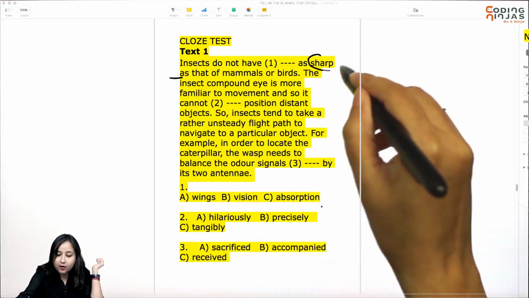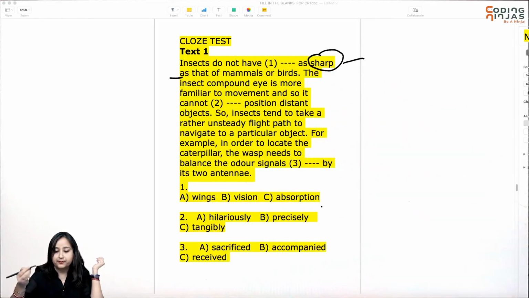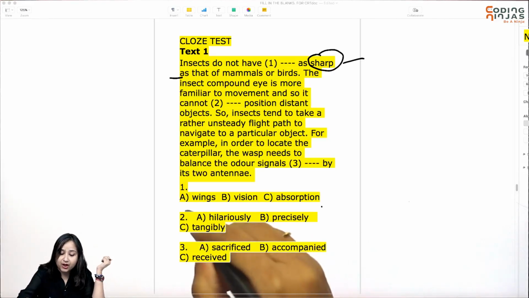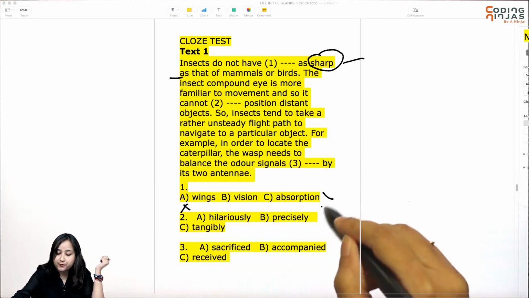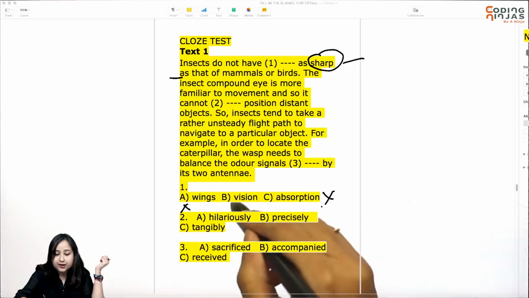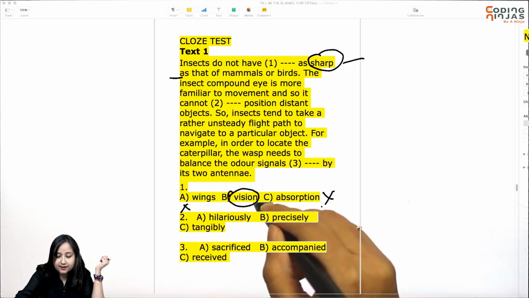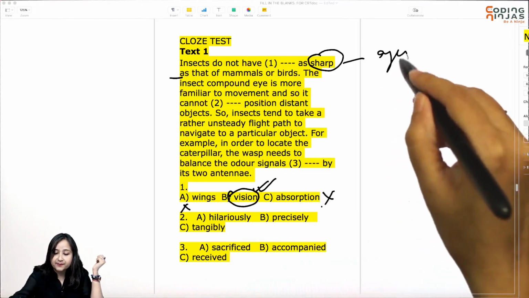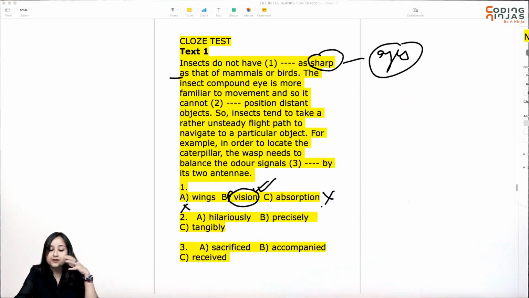Now sharp what? Sharp teeth could be there, eyesight could be there, vision could be there. So let us look at the options here. Wings, sharp wings, not correct. Absorption, sharp absorption, not correct. Sharp vision, yes. Eyesight. So insects do not have sharp eyes as that of mammals or birds.